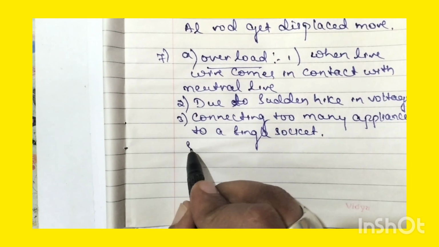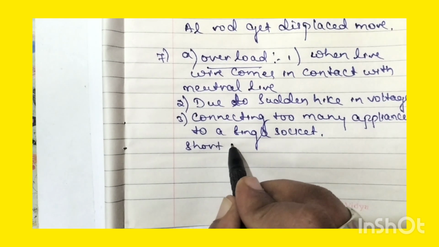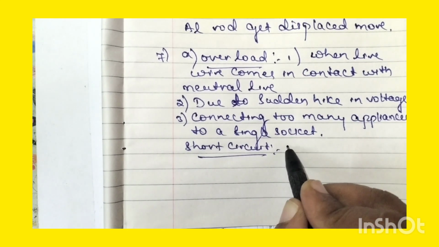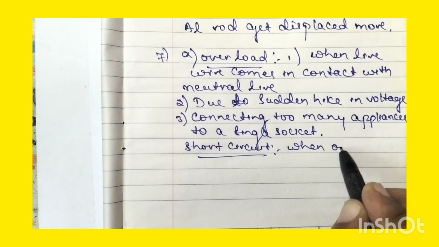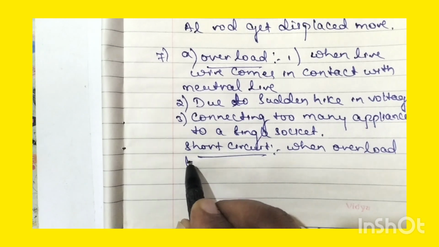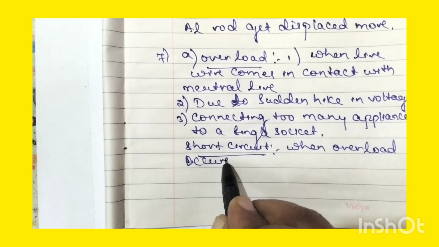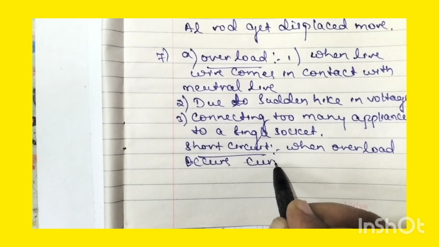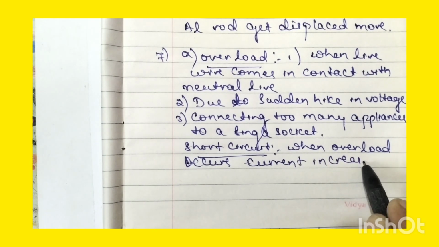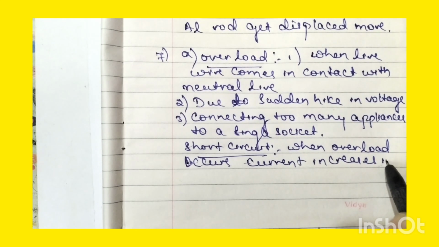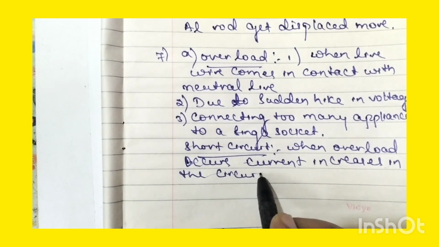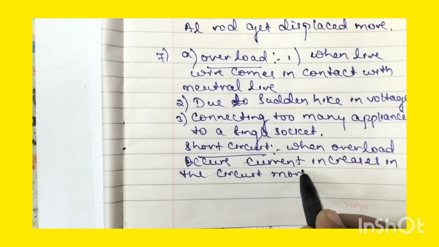Then short circuit. When overload occurs, current increases in the circuit more than required.